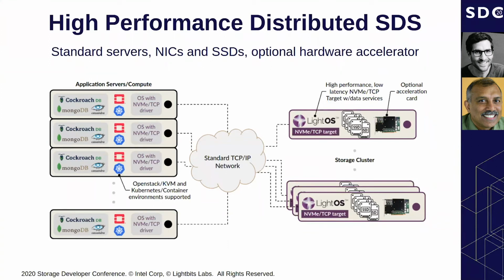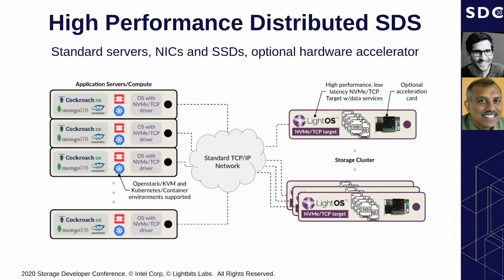In the middle, we have our standard TCP/IP fabric. And on the right-hand side, we have our LightOS cluster, which is basically software-defined storage, which means that these servers are off-the-shelf x86 servers with an Ethernet NIC and a set of NVMe SSDs.